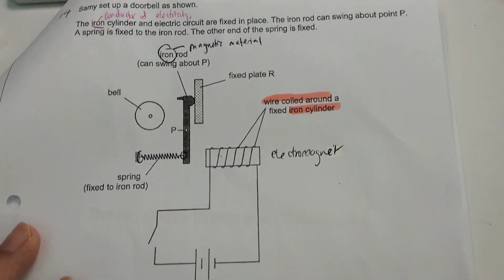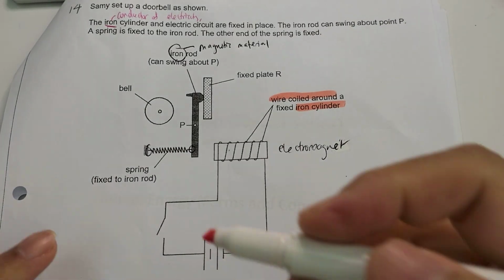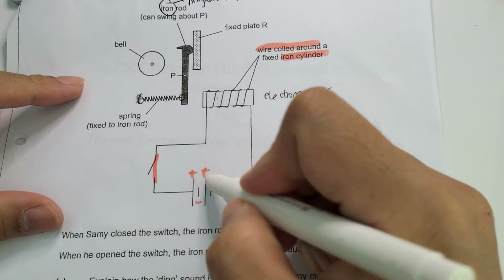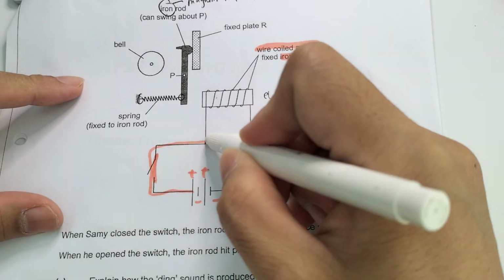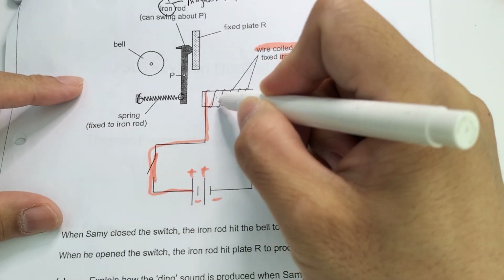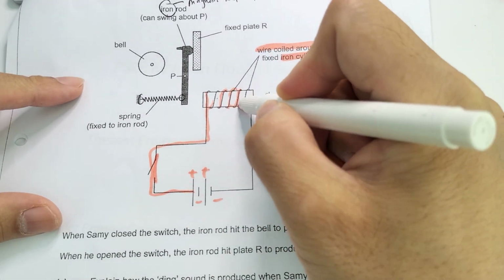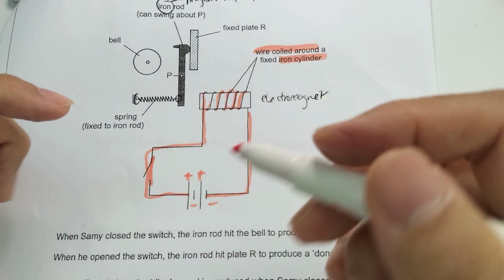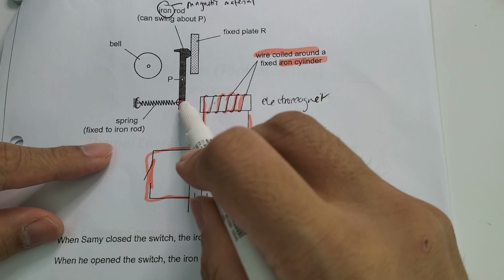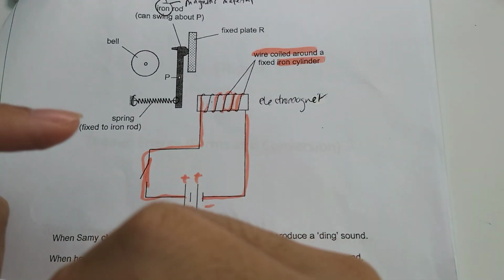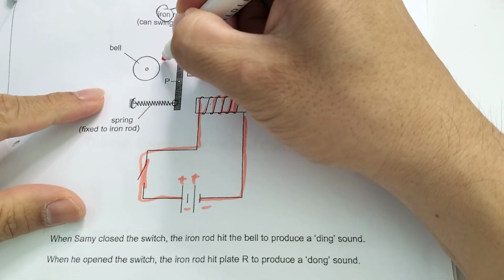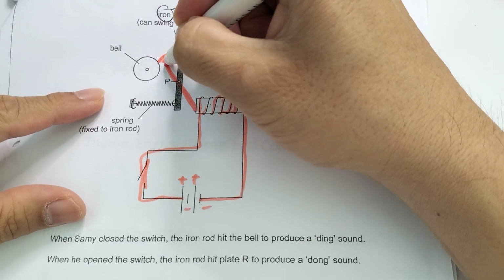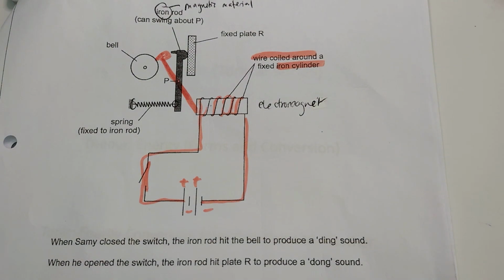So I can imagine when you turn on the switch, current flows. This is plus, this is minus. Current flows through the wires and turns this into an electromagnet, which will then exert a magnetic force on the metal rod, which will then swing this rod here, such that it will hit the bell.